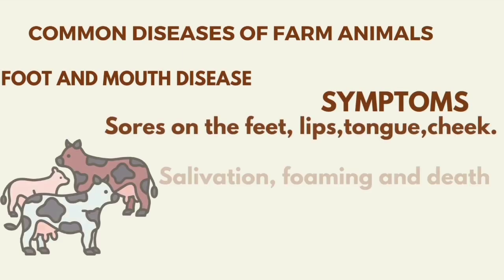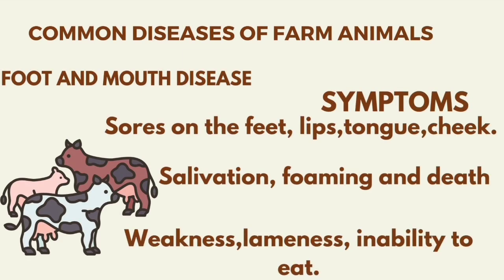Now let's treat some common diseases of farm animals. The first disease is foot and mouth disease. This disease is a viral disease, meaning it is caused by a virus. The symptoms include sores on the feet, the lips, tongue, and cheek, and inability to eat, weakness, lameness, and finally death.